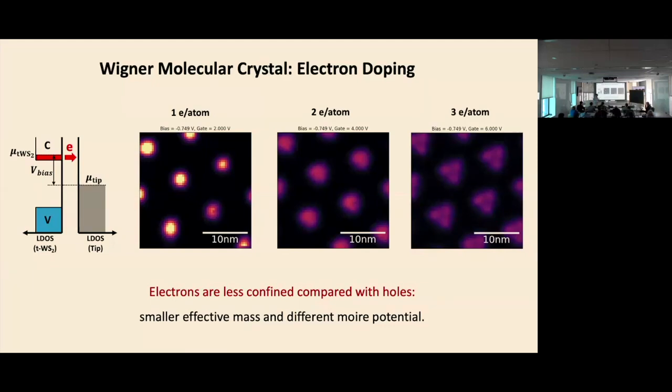In transport, maybe there will be some compressible state, but it's very hard for STM to tell. With STM, you only look at the localized configuration, and very often we still see a fairly well defined 1 or 2 occupation at different positions.